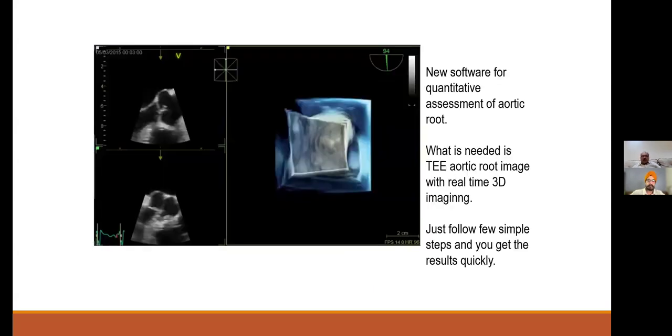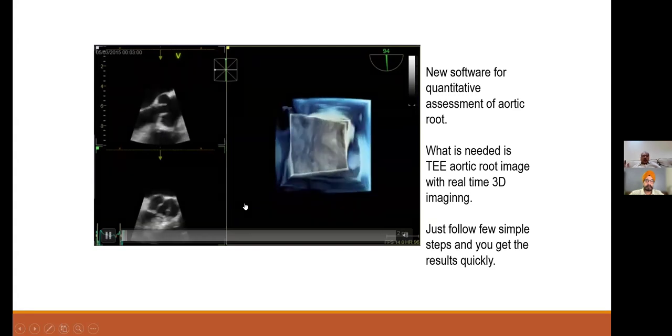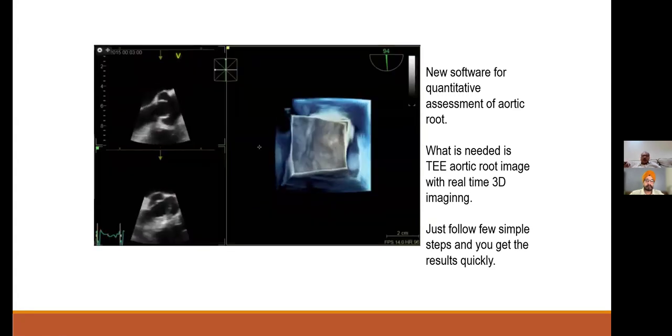And we have lost our race compared to CT scan, because when it comes to these numbers, the sinus of Valsalva sizes, the distance of coronary arteries, these are the places where we have actually lost the race compared to CT scan. And we are now in the process of gaining our rightful importance. And this is a new software for quantitative assessment of the aortic root.